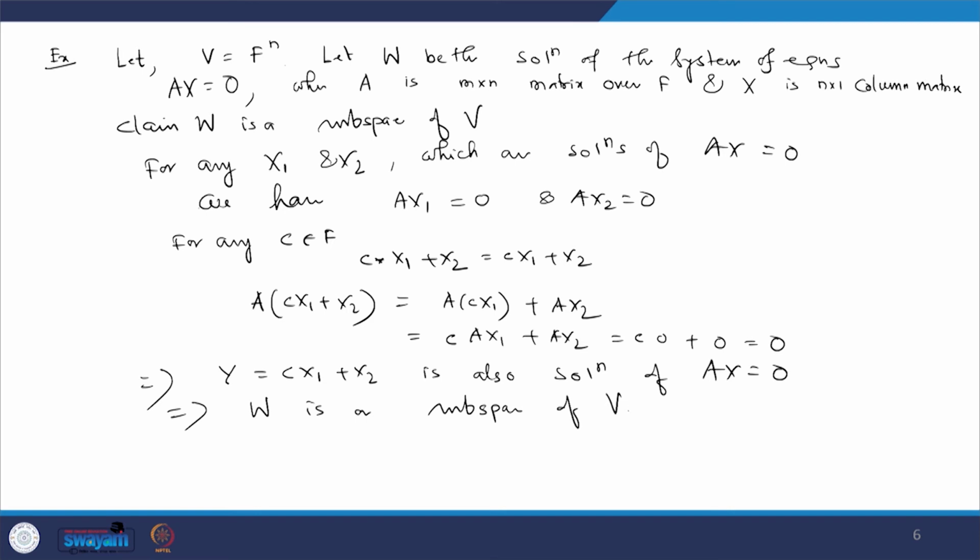Okay. Let me take another example. Let us represent the set of all m cross n matrices over F by the notation F^(m cross n).